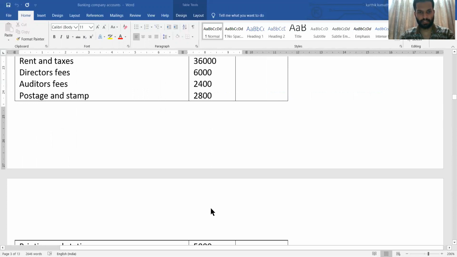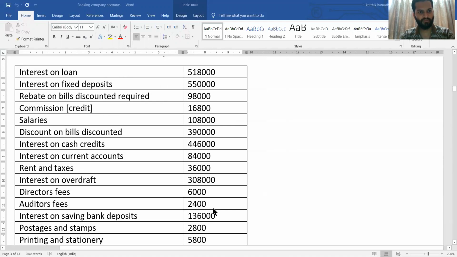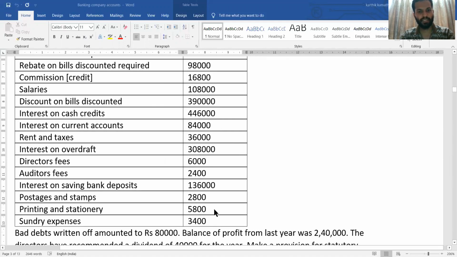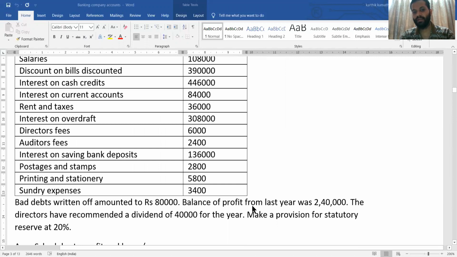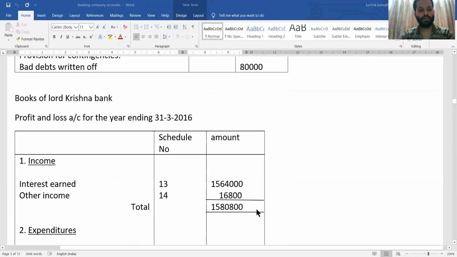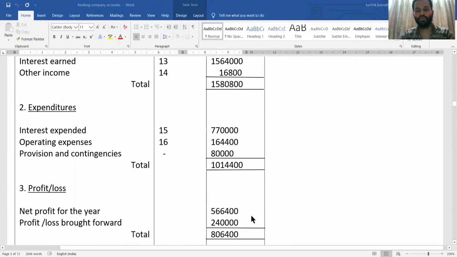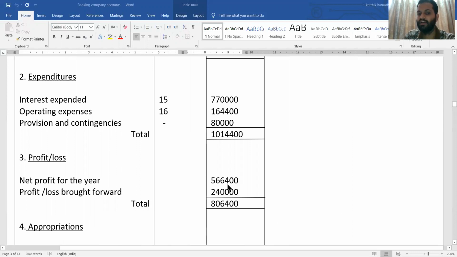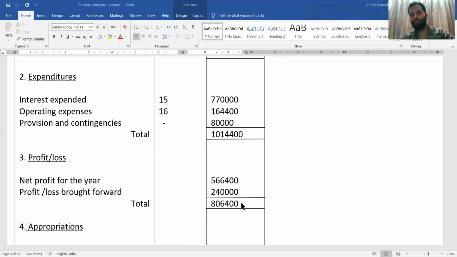See the question once. Whether there is any information on profit and loss brought forward? Yes, in the adjustment they have said balance of profit from the last year 2,40,000. So that you need to show under profit and loss brought forward. Directly from the adjustment we are going to write. So the total of profit and loss is 5,66,400 plus 2,40,000. You will get 8,06,400 as your total profit or loss.